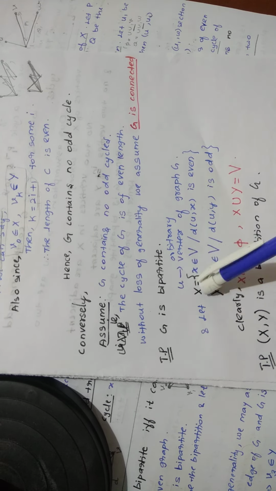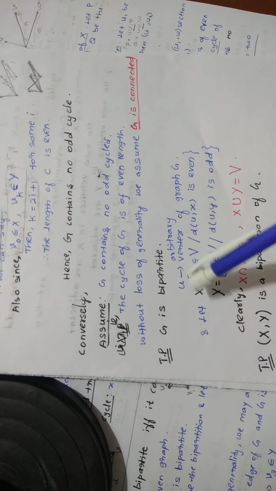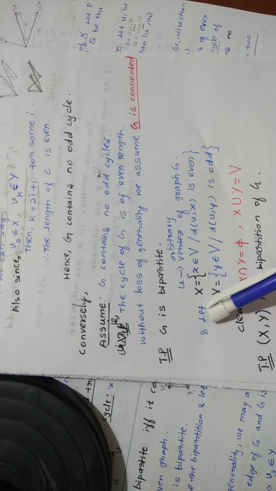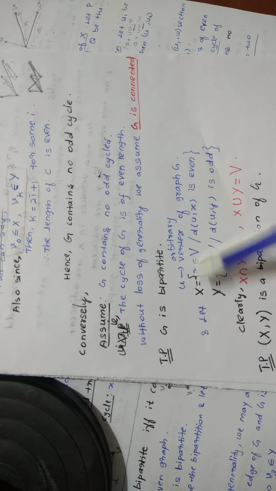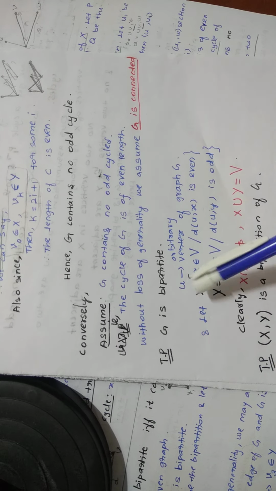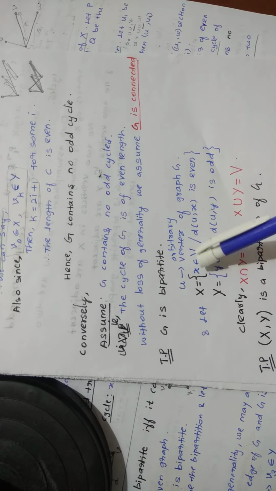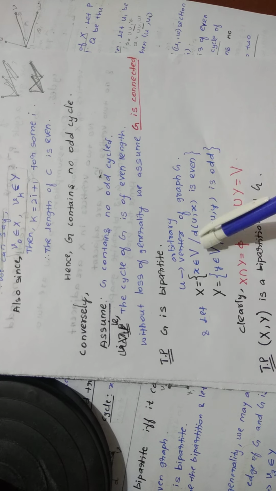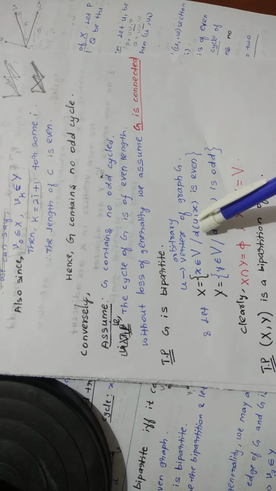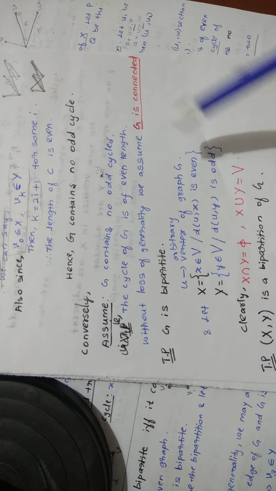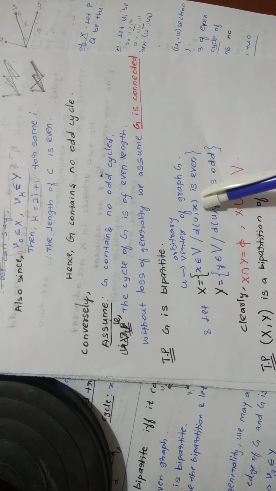Using that, we define two sets. Let X be the set of all x belonging to V such that d(u, x) is even. What is meant by this?